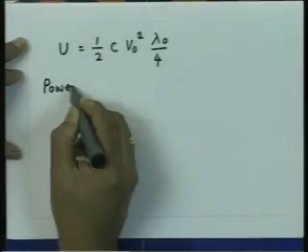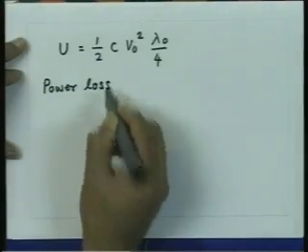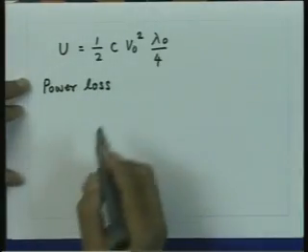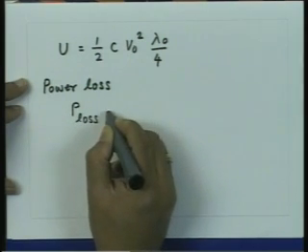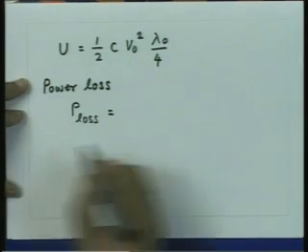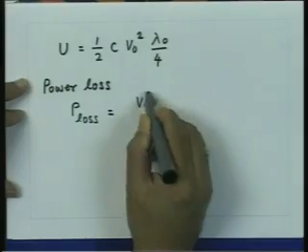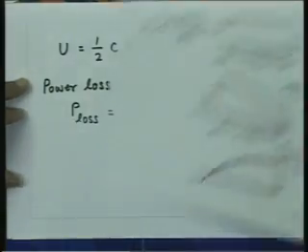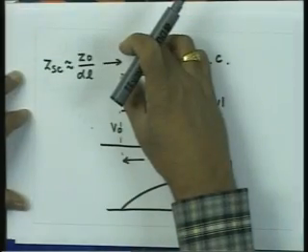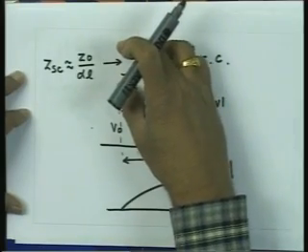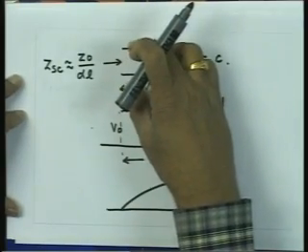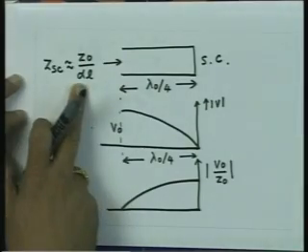So, now the power loss in the transmission line, let us say we call it P loss, that will be equal to V naught square, because that is the voltage which you are seeing at the input terminals here. So, it is as if I am having a voltage source of V naught here, which is supplying power to a resistance whose value is this.